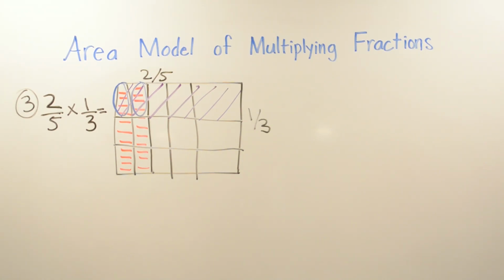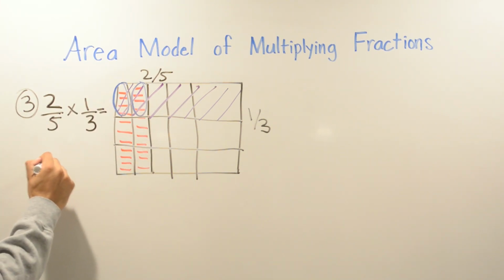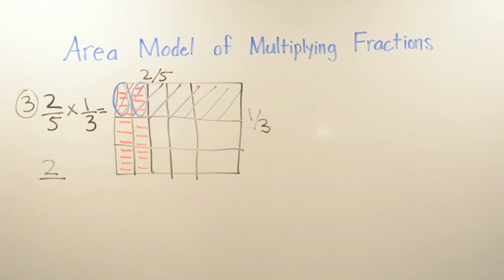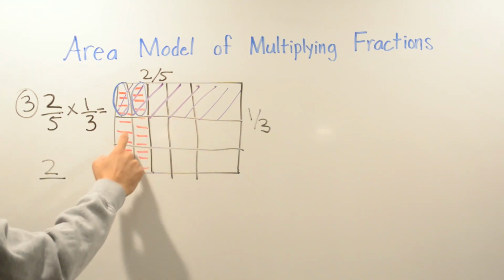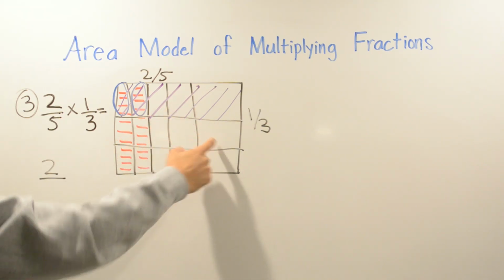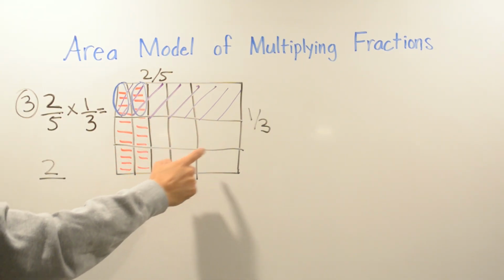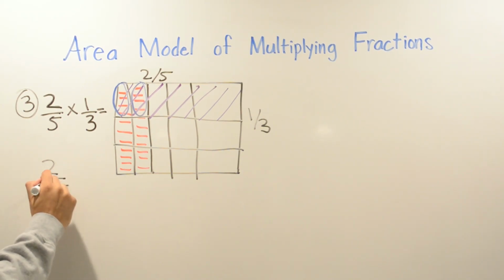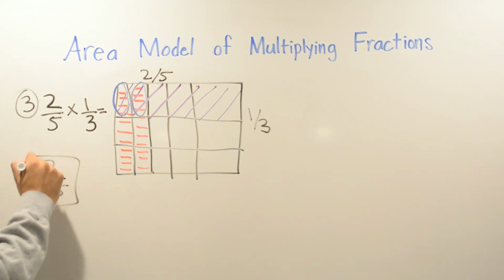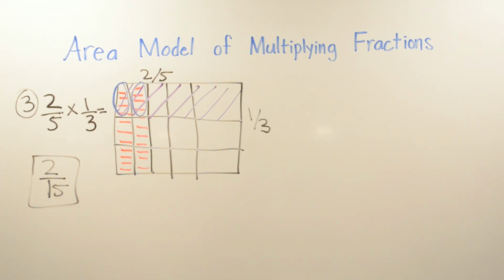So that 2 is going to be our numerator, which is going to be 2 over, and then all you have to do is go ahead and count how many boxes you have. 1, 2, 3, 4, 5, 6, 7, 8, 9, 10, 11, 12, 13, 14, and 15. So 15 is going to be our denominator. So our answer is 2 over 15.